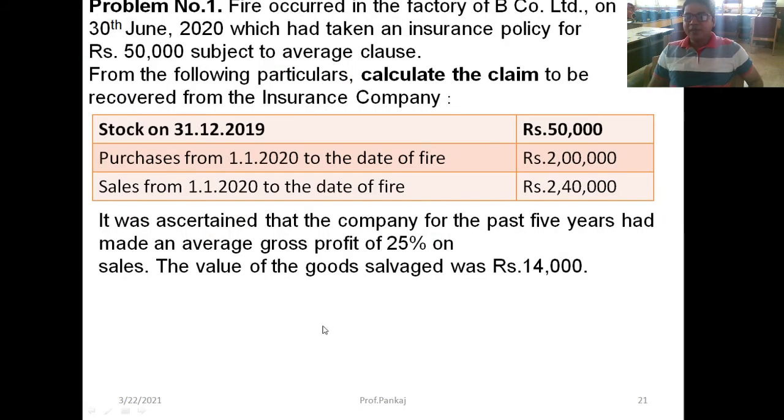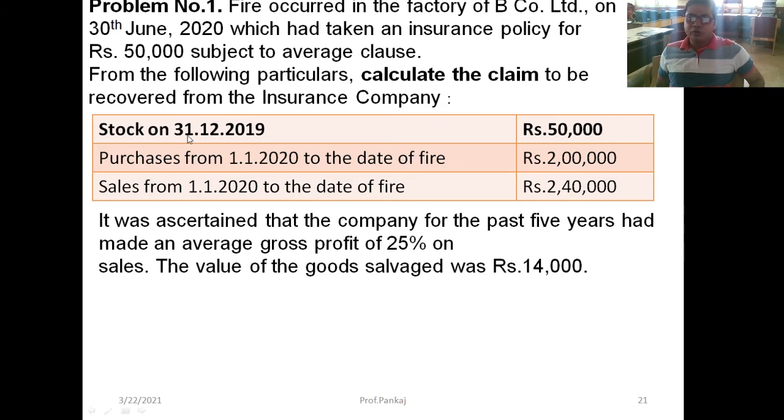Now one example that we have to see. Fire occurred in the factory of B Company Limited on 30th June 2020, which had taken an insurance policy for ₹50,000 subject to average clause. From the following particulars, calculate the claim to be recovered from the insurance company.